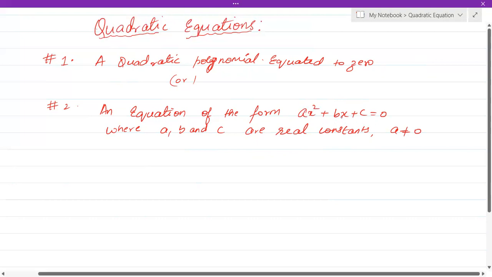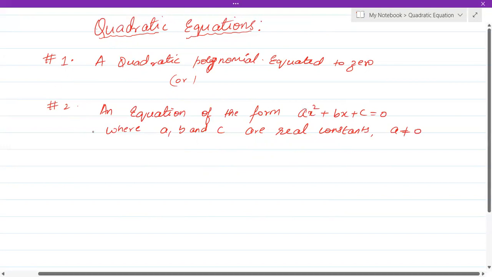Here b can be 0, c can be 0, no problem, because even if b becomes 0 and c becomes 0, the highest power of x doesn't change. So the a value should not be 0, but the b value and c value can be 0. So an equation of the form ax square plus bx plus c equal to 0 is known as a quadratic equation.